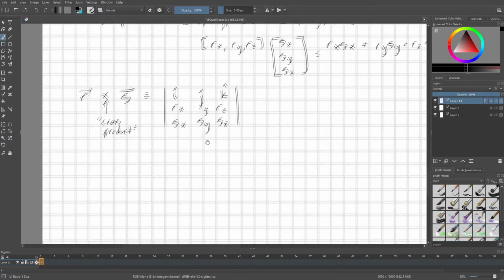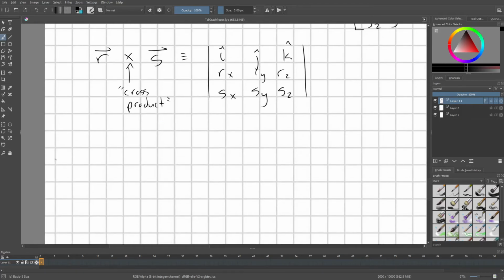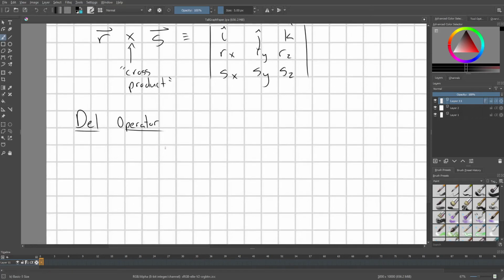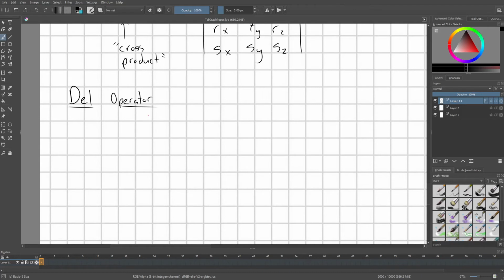Okay, the next section I want to talk about is just the del operator. Because this could be used in situations where r is a scalar or a vector function. Actually, before we do that, let's just say kind of what a del operator contains.